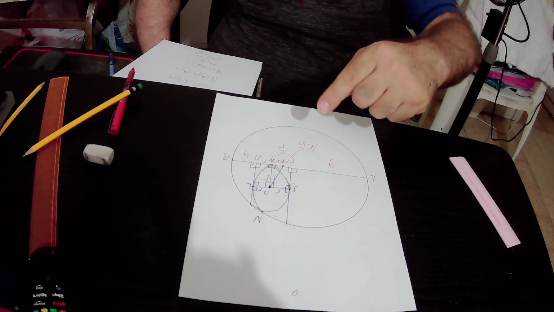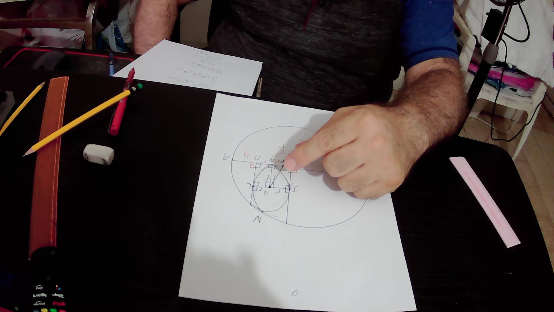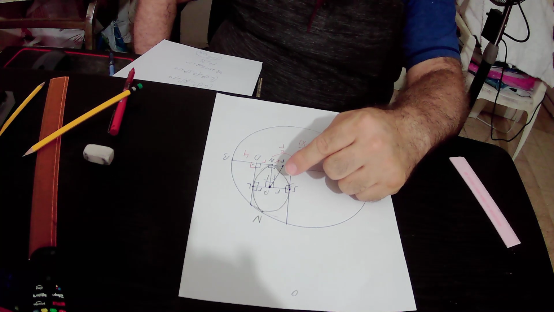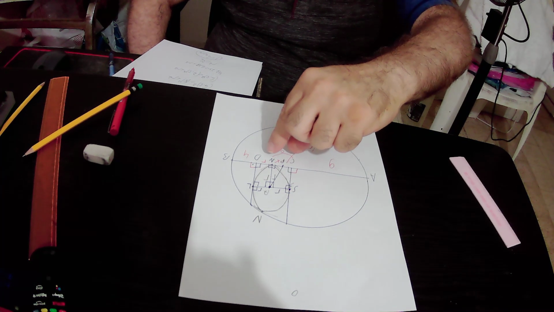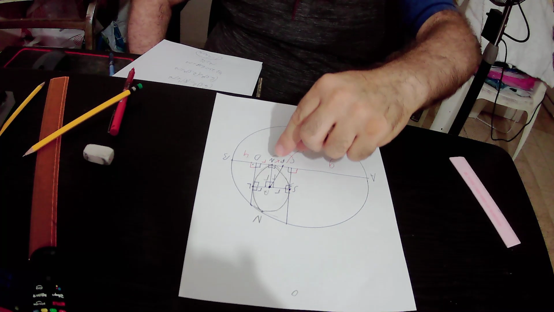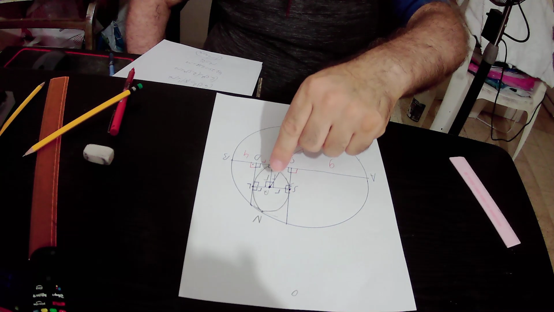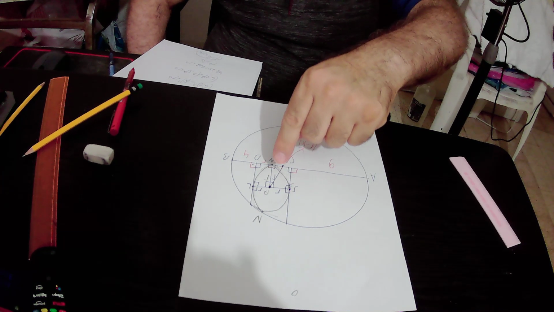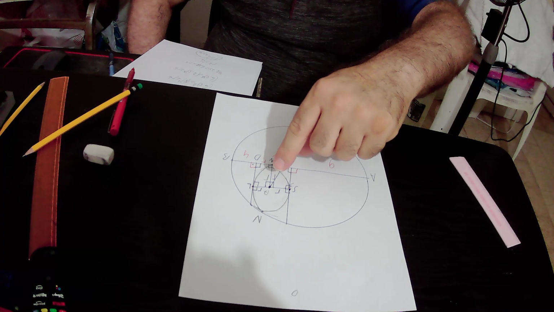PQN is a right triangle, and we have already found out that PQ equals 6.5 units, and PN, that is x, equals 2.5 units. And QN is the only missing variable in the triangle QPN.